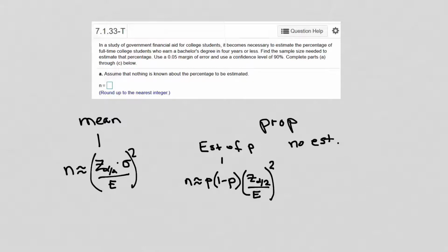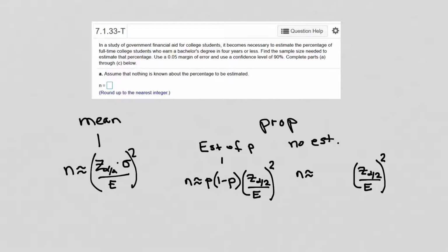If there's no estimate, we're really using the same formula, but I take out that P times 1 minus P. What we're going to assume is that our estimate of P is 0.5, and so 1 minus P is also 0.5.